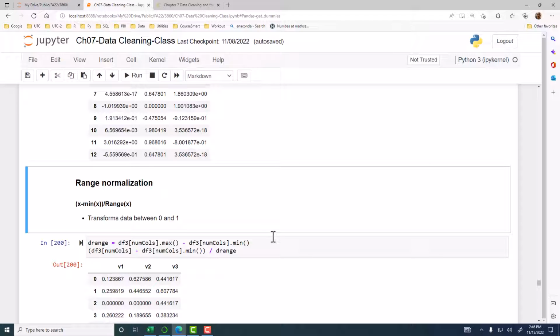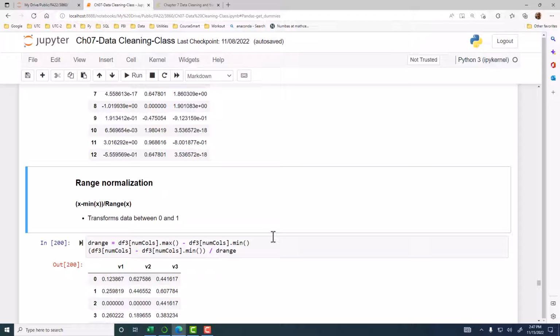Range will be max minus min. So if x is the maximum possible value, your numerator will be max minus min, and the denominator also will be max minus min. So the ratio will be 1. So the smallest possible value is 0, the largest possible value is 1, and everything else will be in between. So that's what range normalization will do.